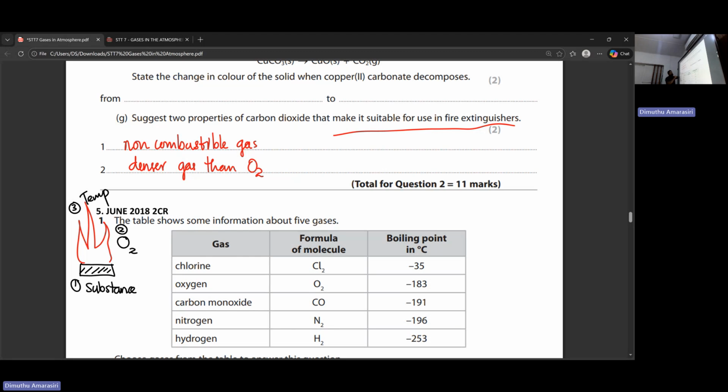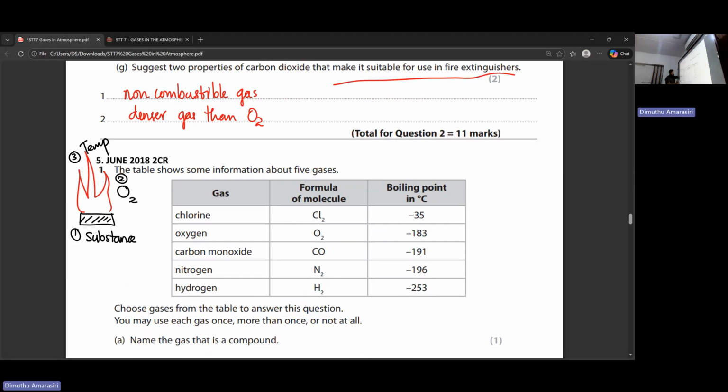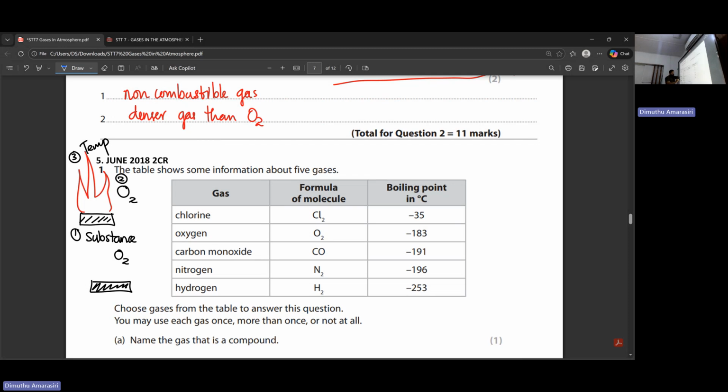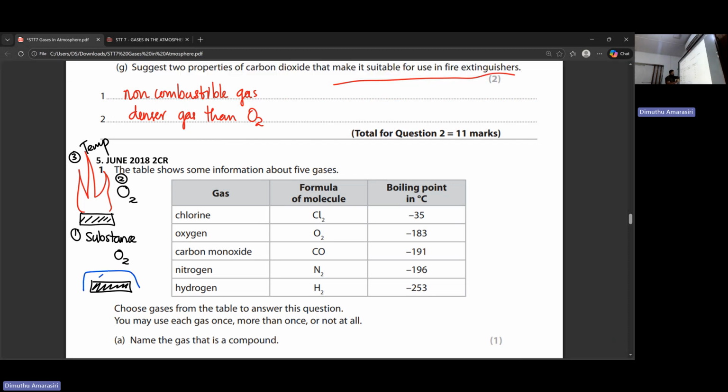So what happens when you use carbon dioxide? Here is the substance, and oxygen is in there, but when you put carbon dioxide, it is denser. It will come down, oxygen will go up, and carbon dioxide will cover the object, unseen.